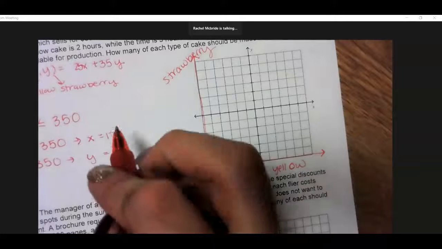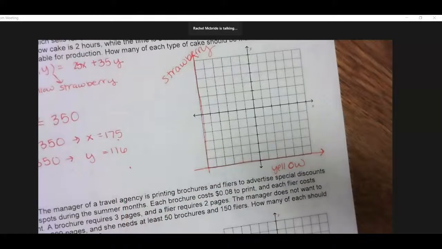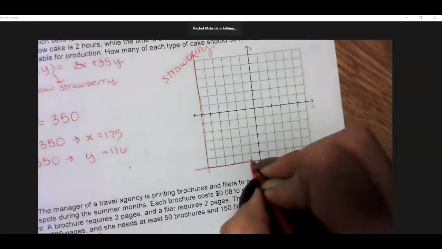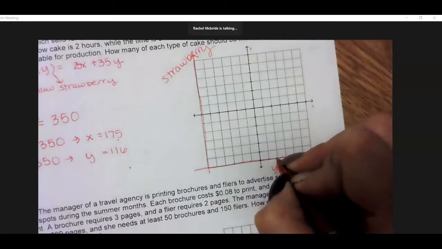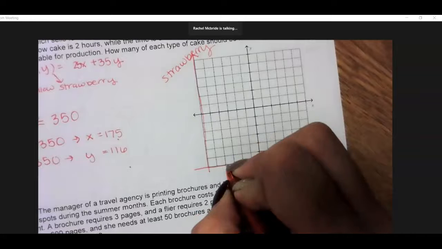So we know that we need to go out to 175 and up to 116. So I'd go by 25s.